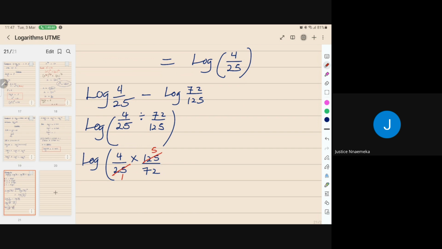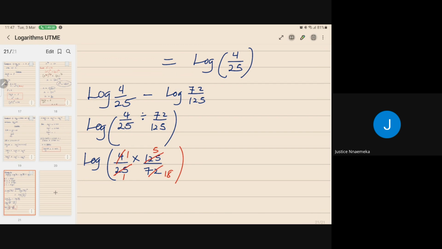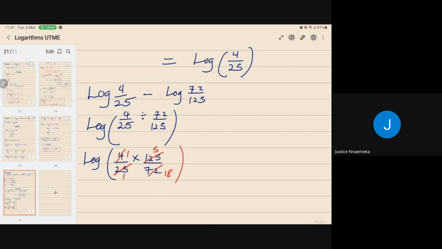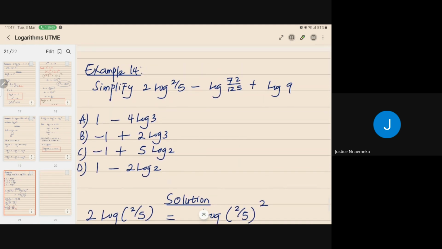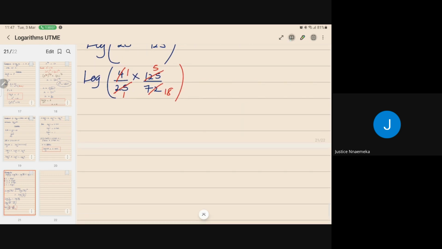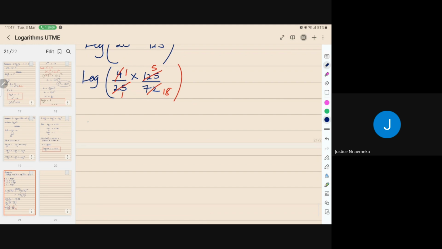Then I have 72, and I know that 4 can go into 72 to give us 18. So 4 here is 1, and here is 18. We are now left with the logarithm of 5 over 18. Hope you understood the division I did right here.